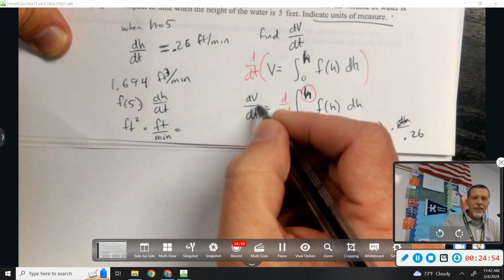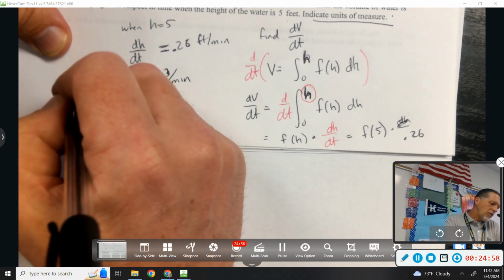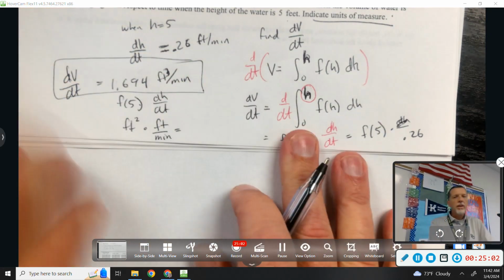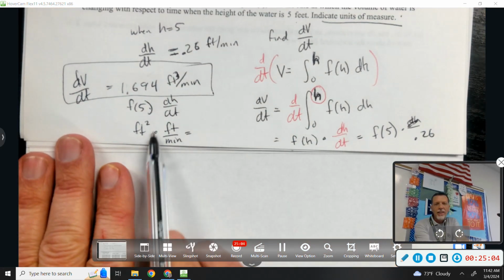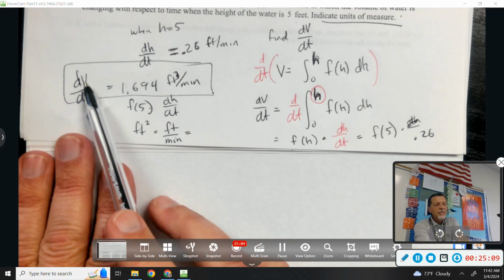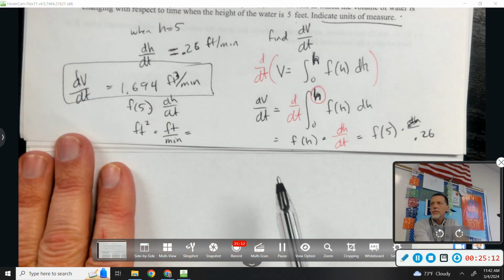Oh, well, I could have done that initially. dV dt has got to be feet cubed per minute, change in volume over change in time. So you can do it the long way like I did initially, but I should have realized that the short way would just be volume is feet cubed, time is minutes.